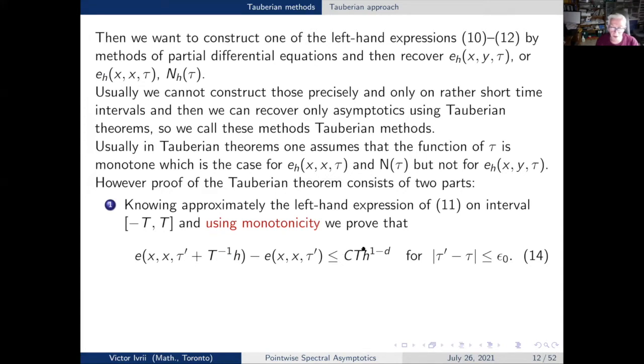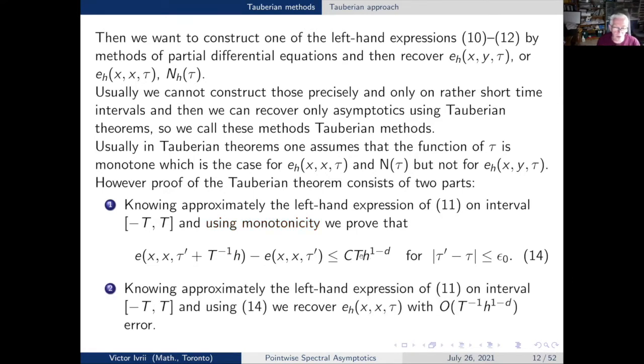Okay, sorry, here should be T minus 1, not T. And knowing approximately the left-hand expression on the interval from minus T to T, and using this estimate, we recover e(x,tau) with this remainder estimate.